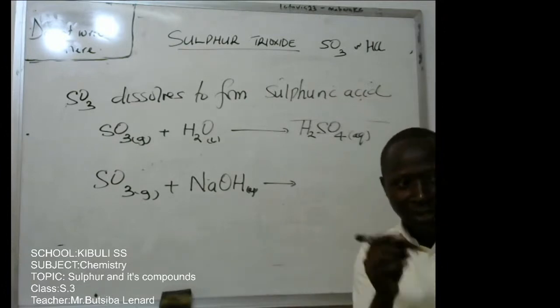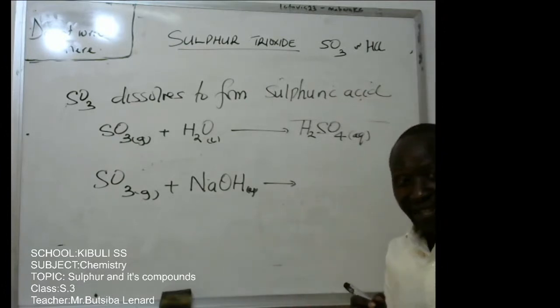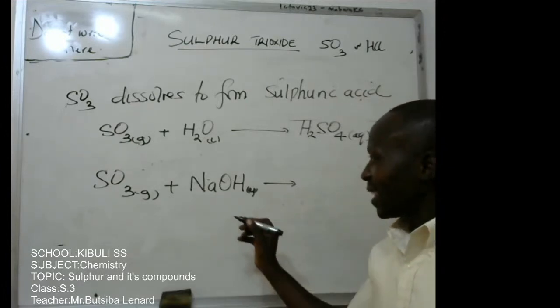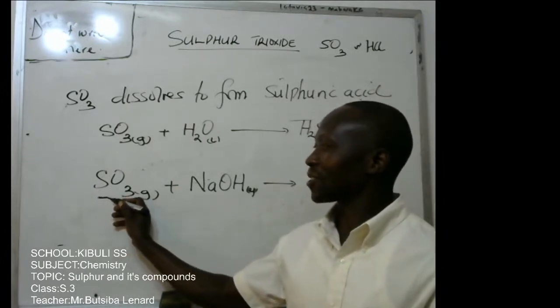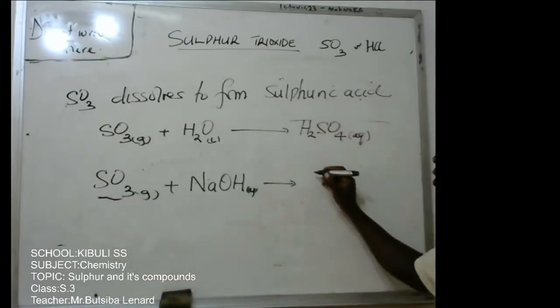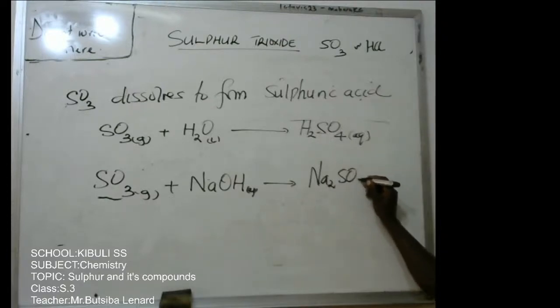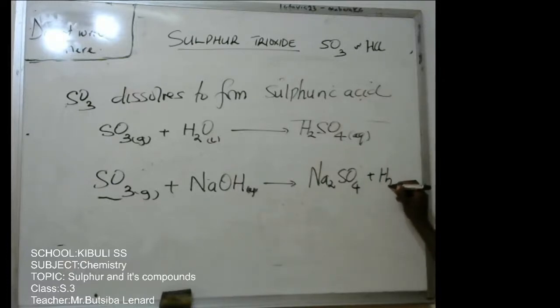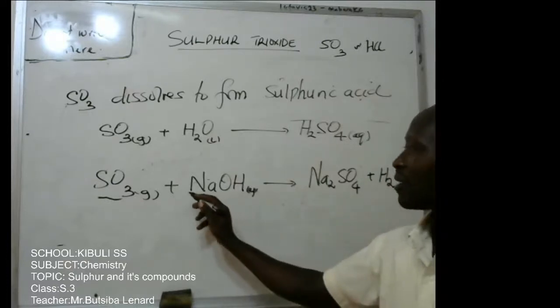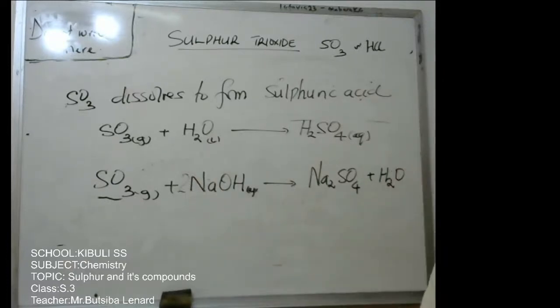We shall go back to the other reaction. If the gas is too much, what are you expecting? Automatically you are expecting sodium what? Sulfate. What else will be formed? Water. And therefore, what have you seen? I think quickly see that. And it works out.